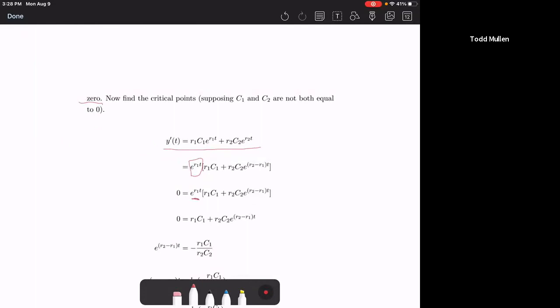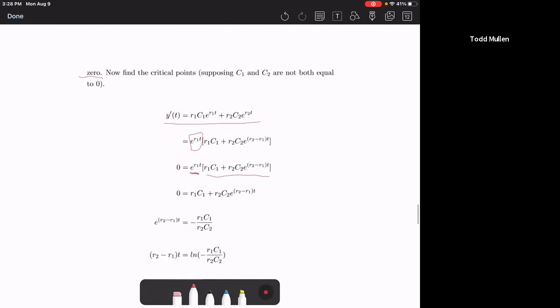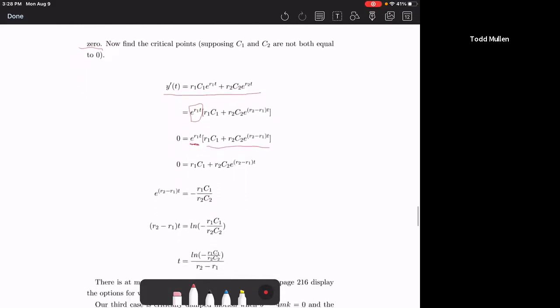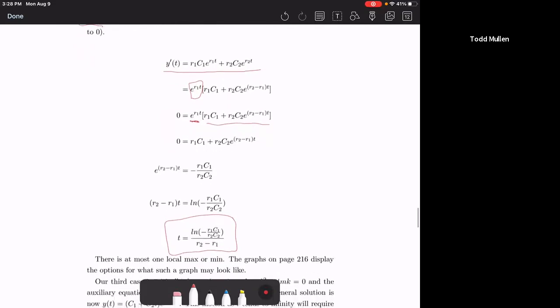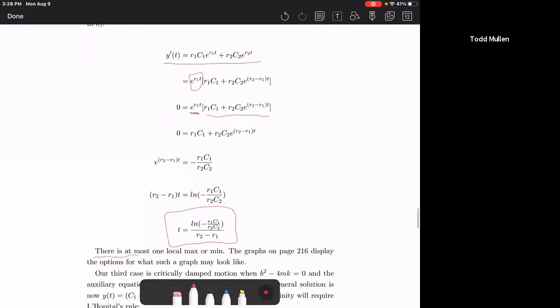Well, e to the r1 t isn't equal to 0, so it must be the other factor that is equal to 0. And we solve for t. And we get a single solution. So there is one critical point. There is at most one local max or min.